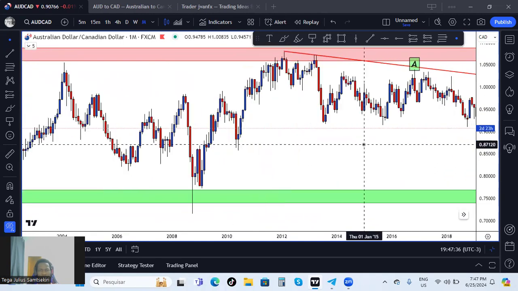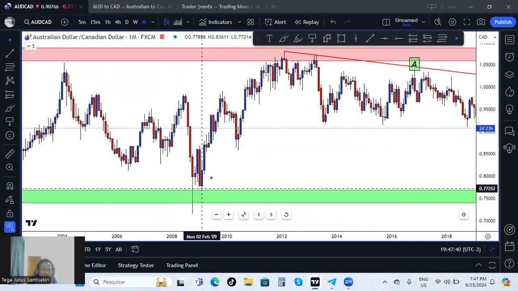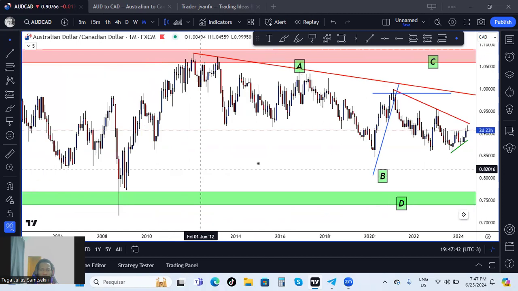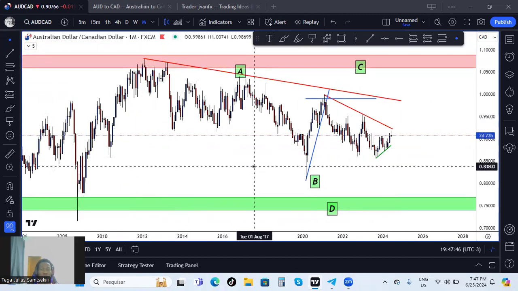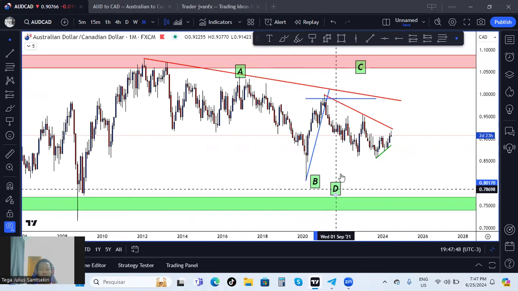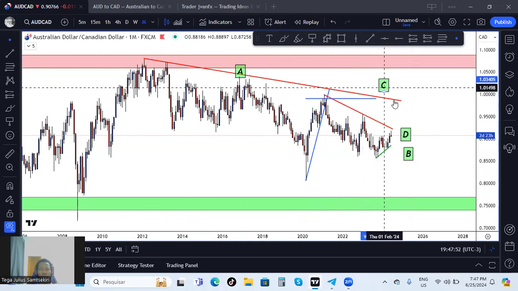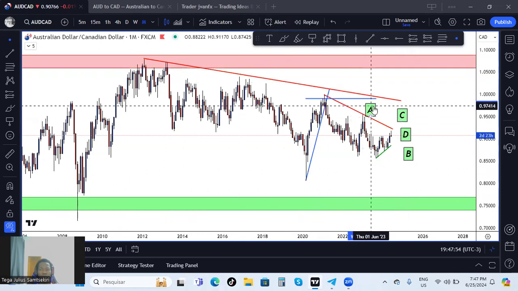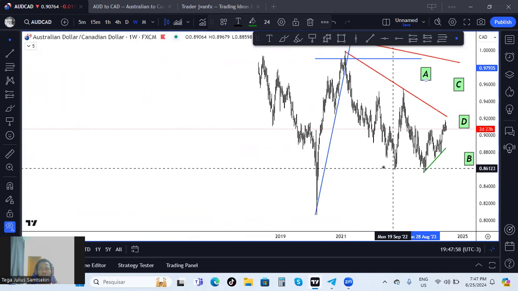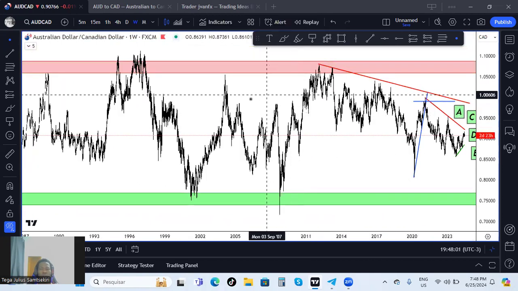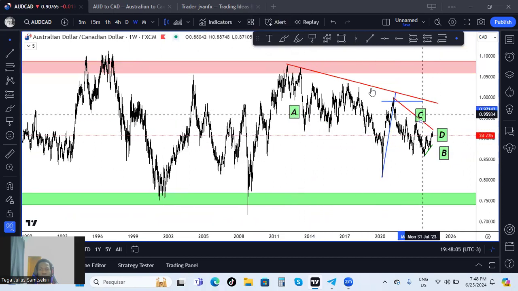Back in time, we would have started the Fibonacci from here because this is a monthly support band area. But in this case right now, we start the Fibonacci at the resistance band area. So if we go to the weekly time frame and we want to draw the Fibonacci on the weekly time frame, we have to start from where? From the monthly resistance band area right here. Okay.